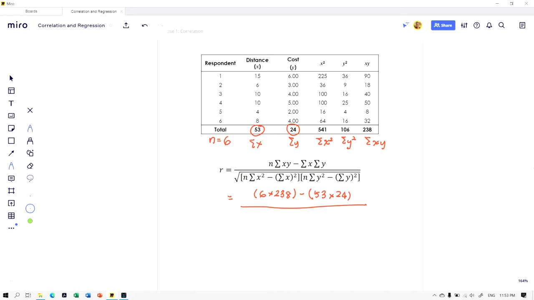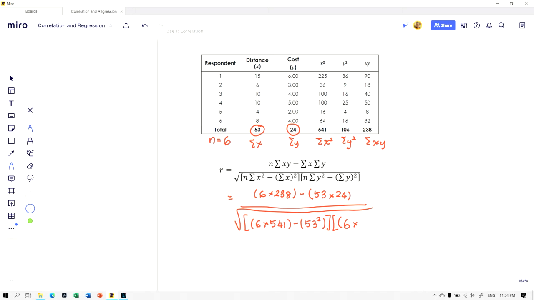divided by the square root of n, which is 6, times the sum of x squared, which is the sum of the x squared column, which is 541, minus the sum of x, 53, squared, so 53 squared, times n, which is equals to 6, times the sum of y squared, which is the value given by the column of y squared.